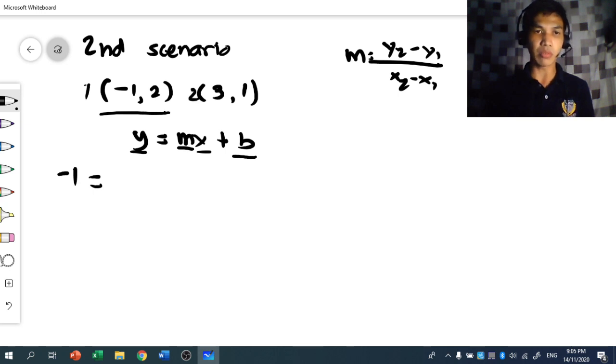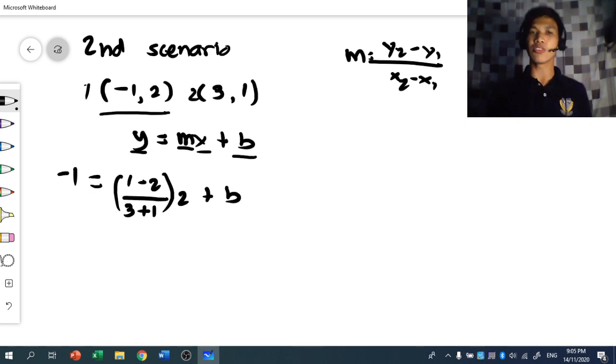So it will become y sub 2, 1 minus 2 over x sub 2, 3 plus 1, because x sub 1 is already -1, times the quantity of x from the first one I chose. So that will become 2 plus b.